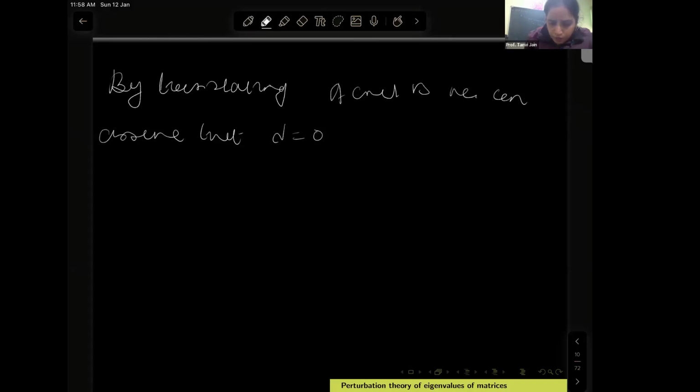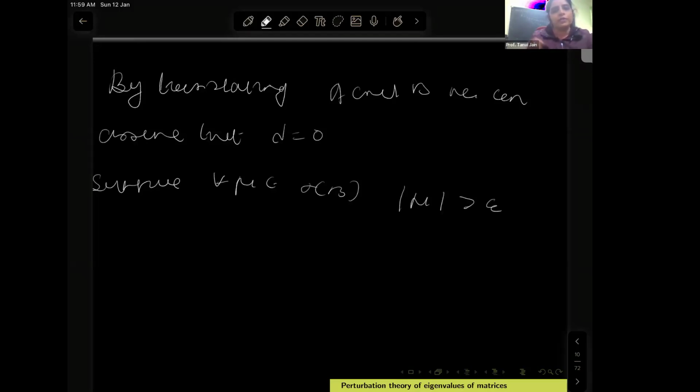And suppose, going by contradiction, that for every mu belonging to sigma B, mod lambda minus mu, that is mod mu, is strictly greater than epsilon. It's not less than, so for every mu, mod mu is greater than epsilon. What does that imply?